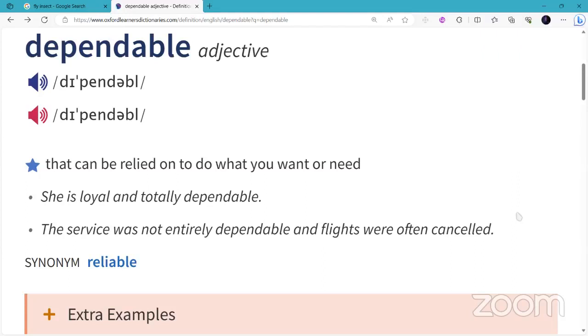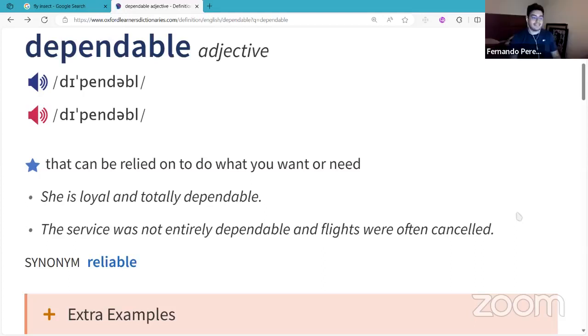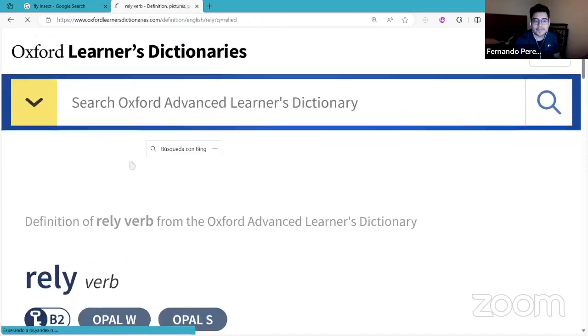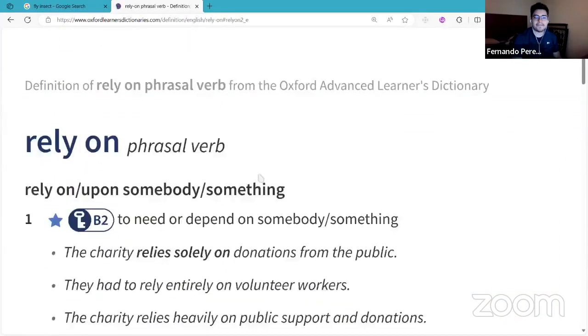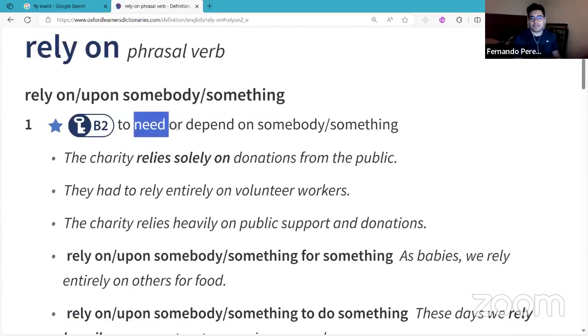Not really. I don't know what you rely. Yes, that's a good question. To rely on someone, this is a verb, is to need or depend on somebody. So you say, I depend on my parents, I rely on my parents.